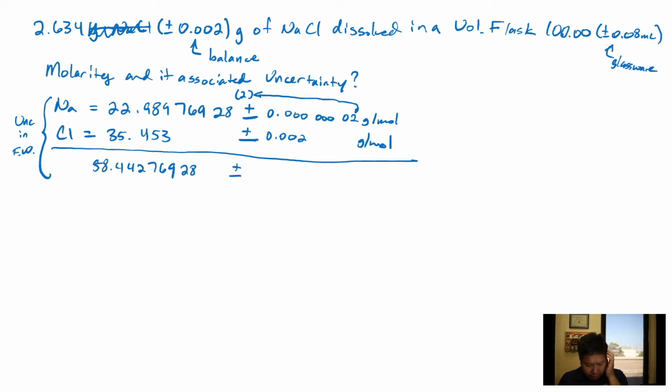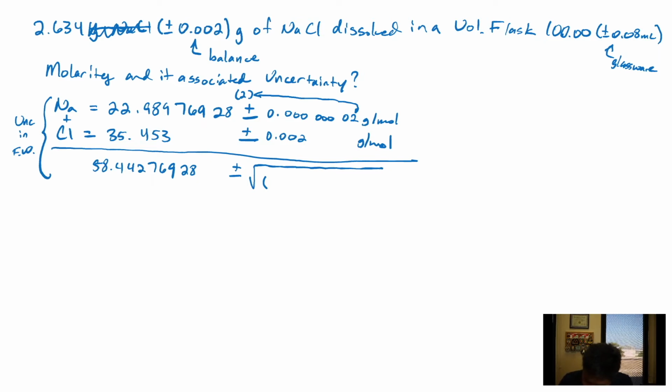And this is the part where we have to do our calculation. So this is an addition right here. You're adding the sodium to the chlorine right there. And so that means we'll use the addition equation, which is the square root of, oh, I just made it short here.